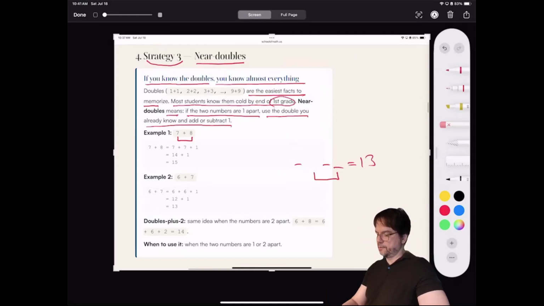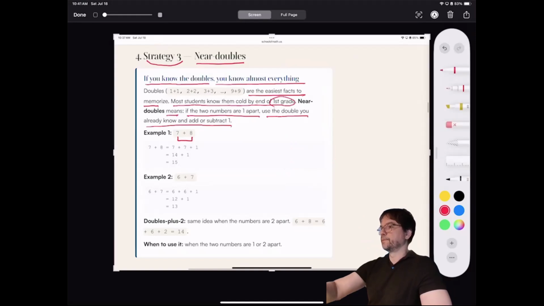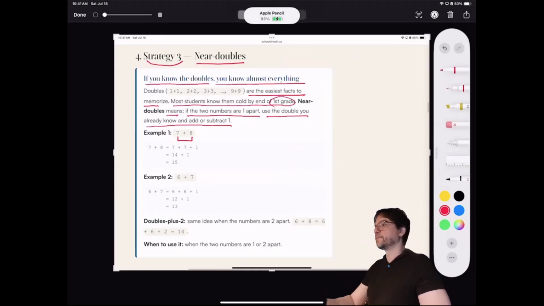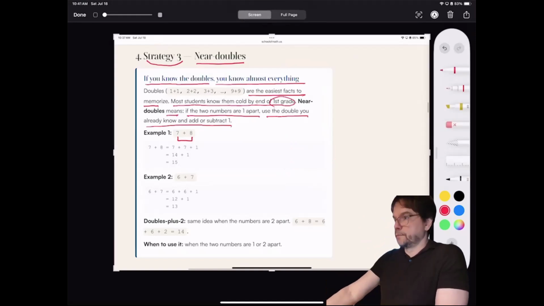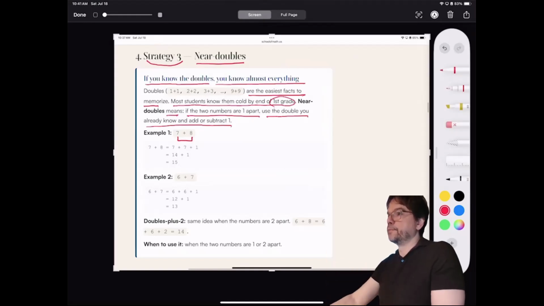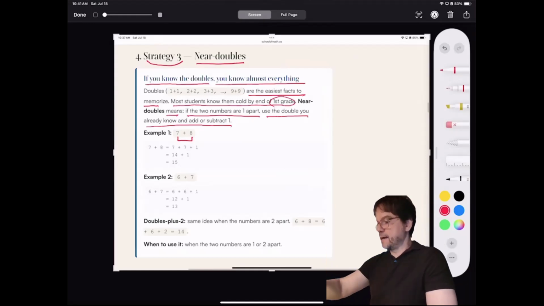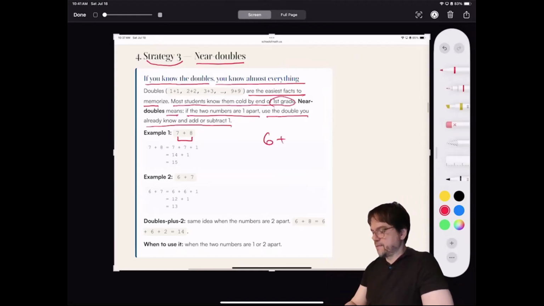I have a question. How much is 6 plus 8? How much is 6 plus 6? Plus 2? 40. Why is that? 6 plus 8 is 6 plus 6 plus 2.